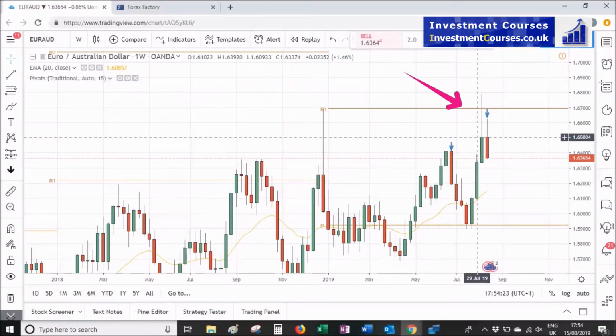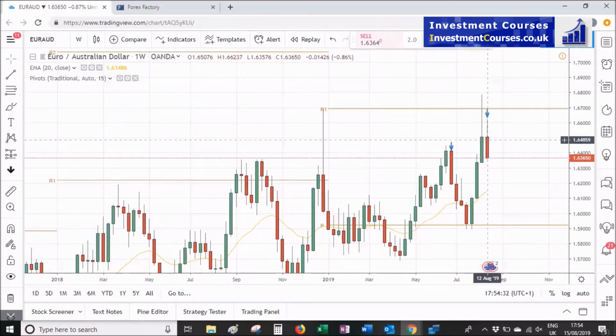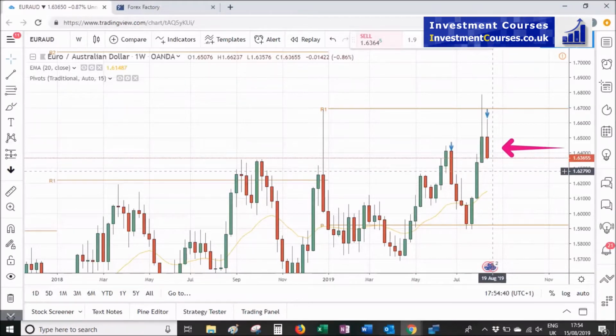So I was pretty much sure that the next candle would be bearish in the weekly, and I got my short position at the beginning of the week, and as you can see the price went down during this week and made me more than $5,000 profit. But I still think it's going even further down.